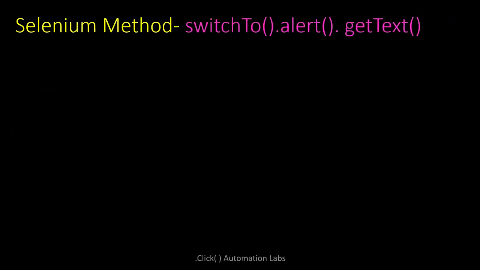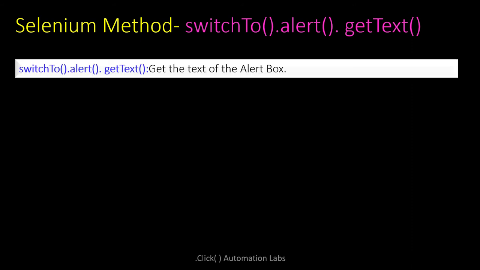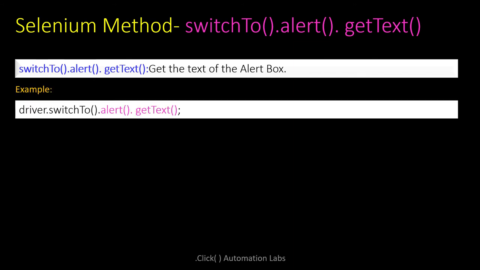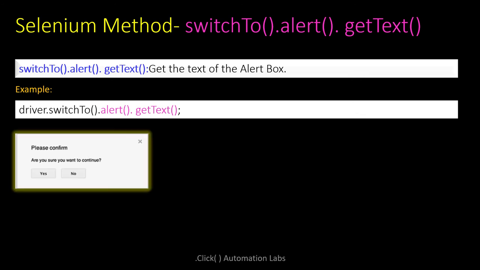And another method is get text. This method is used to get the text of the alert box. Sometimes you need to verify from the application that the application is throwing the proper alert with the proper message. So that is the expectation. In order to validate, in order to automate that scenario, you can use this get text. So switch to dot alert dot get text is used to get the text of the alert box. This is the syntax: driver dot switch to dot alert dot get text.